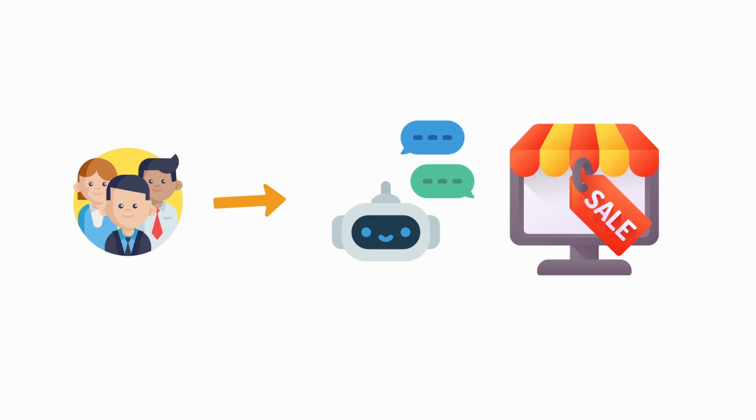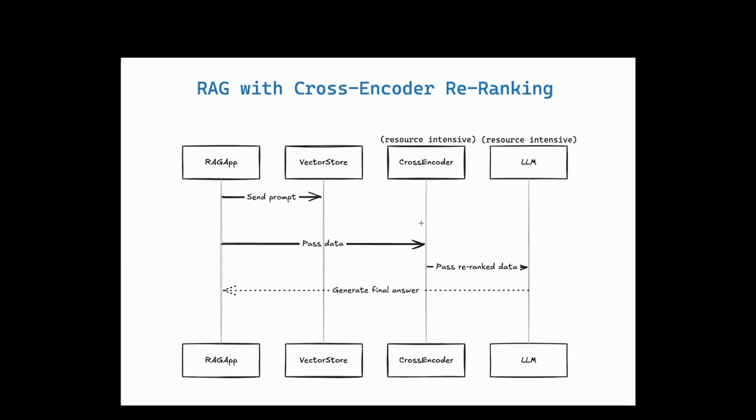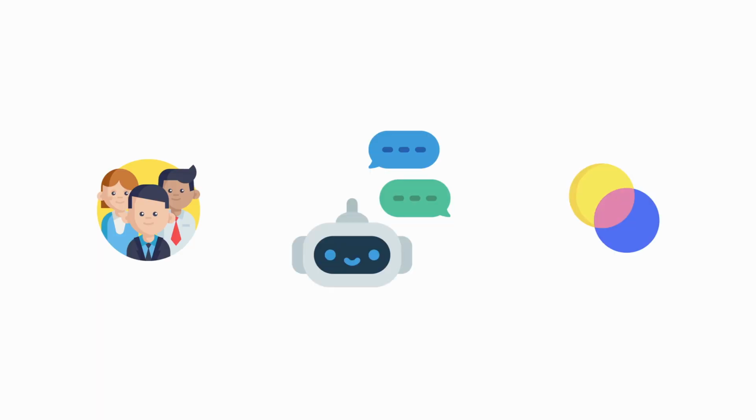Let's say you are running an e-commerce store and there is a query about the new discounts that users are asking time and again. Our previous application used to go through all of these steps again and again. But if we put a semantic cache in between, then whenever a user asks a question, we can check if it is semantically similar to what we have stored in our database.